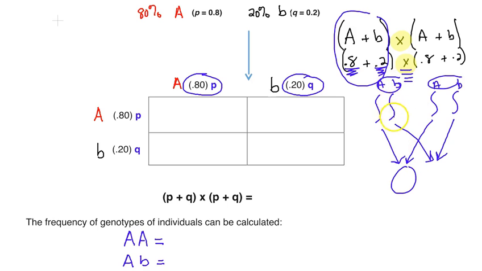I'm pulling together one chromosome from another, and we should be able to figure out the frequency of the three different types of individuals. And what are they? They're going to be homozygous dominant, heterozygous, or homozygous recessive. We're going to find the frequency of those individuals.